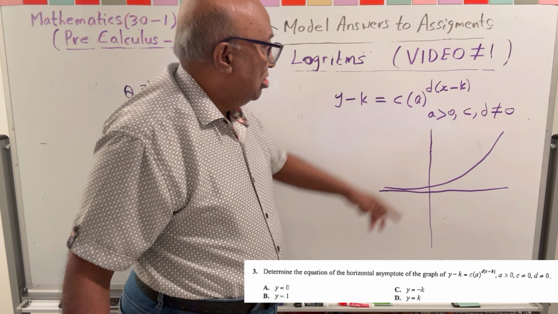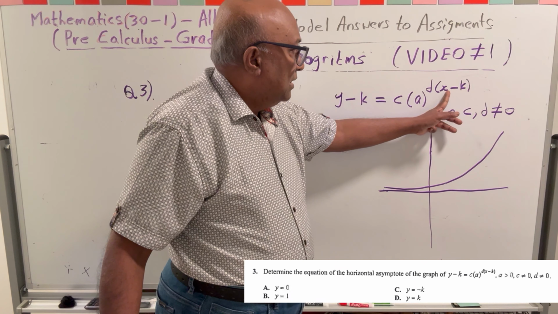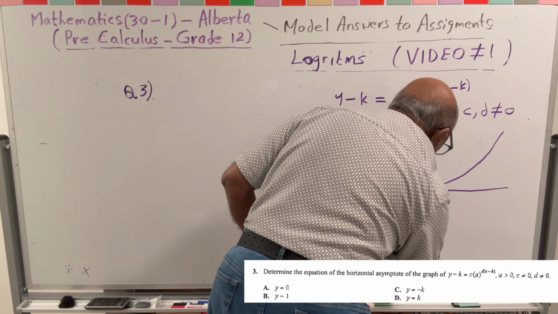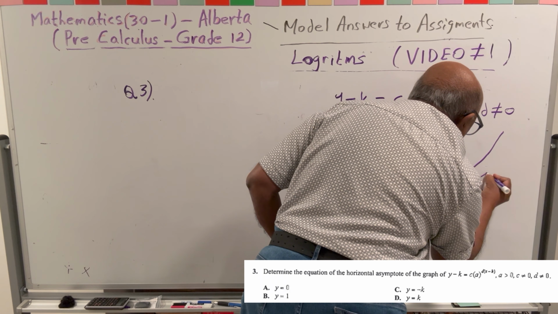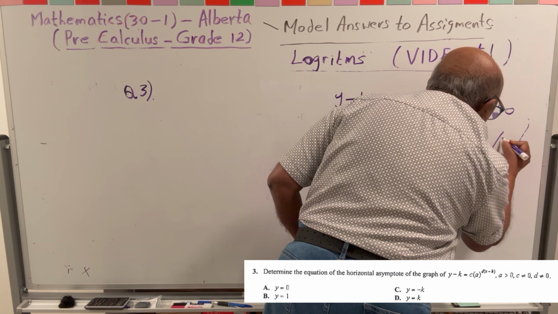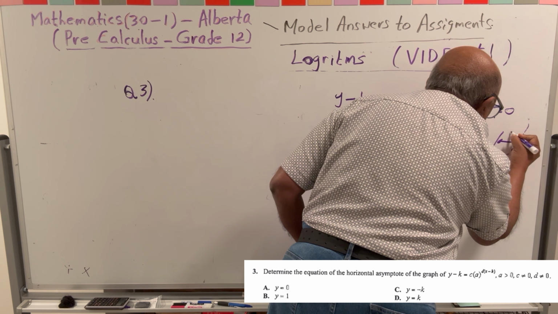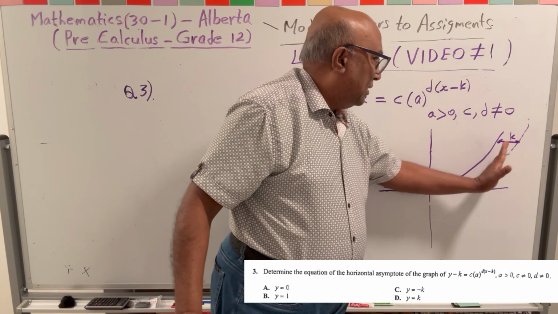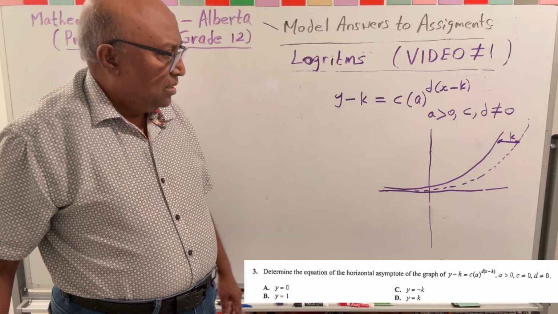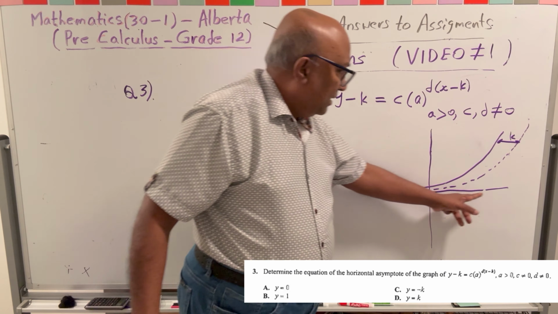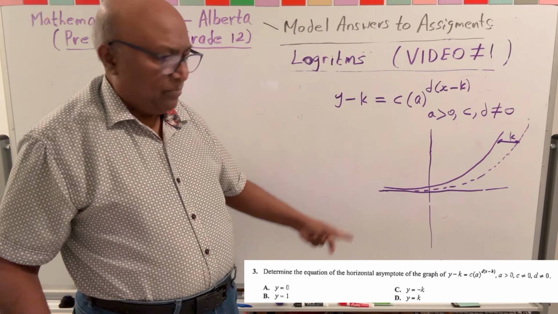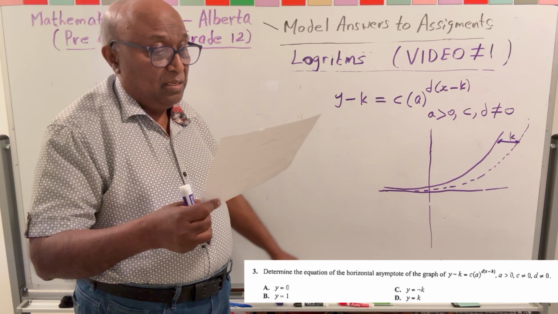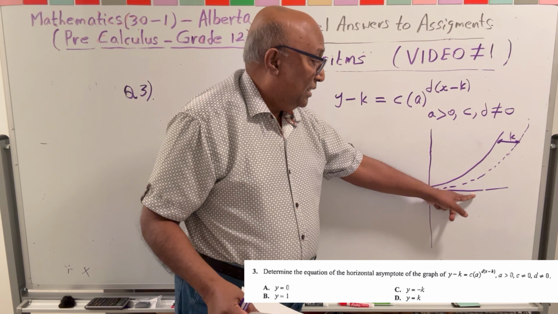Now there is a horizontal translation by k units right. Then the function will look like this. When the function is moving k units right, we can indicate it here. But still the horizontal asymptote remains the same. That means the equation of the horizontal asymptote is y equals 0, the x-axis.